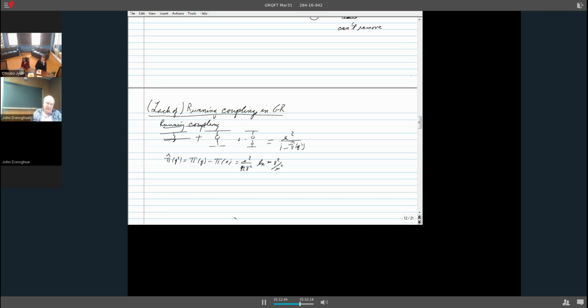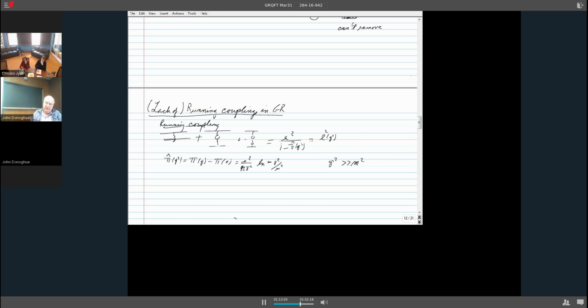Just quickly, the running coupling is one of the great ideas of field theory. So if I'm doing QED, let me just do this pretty quickly.